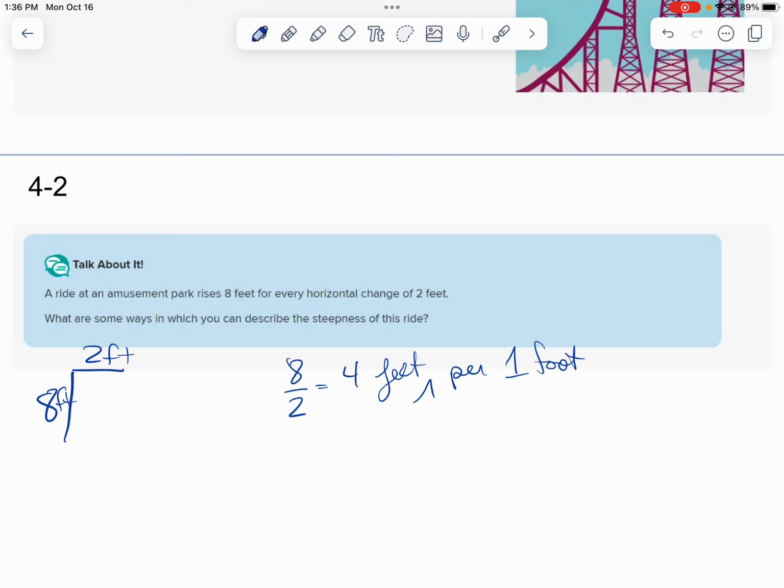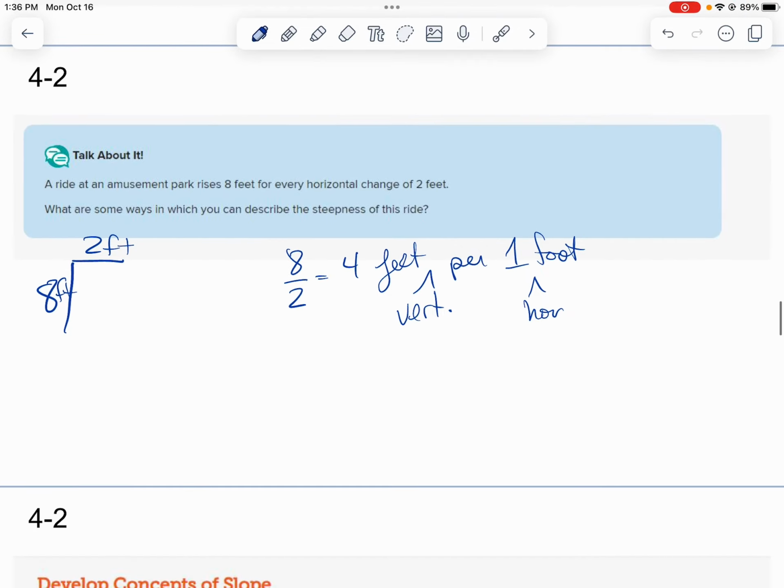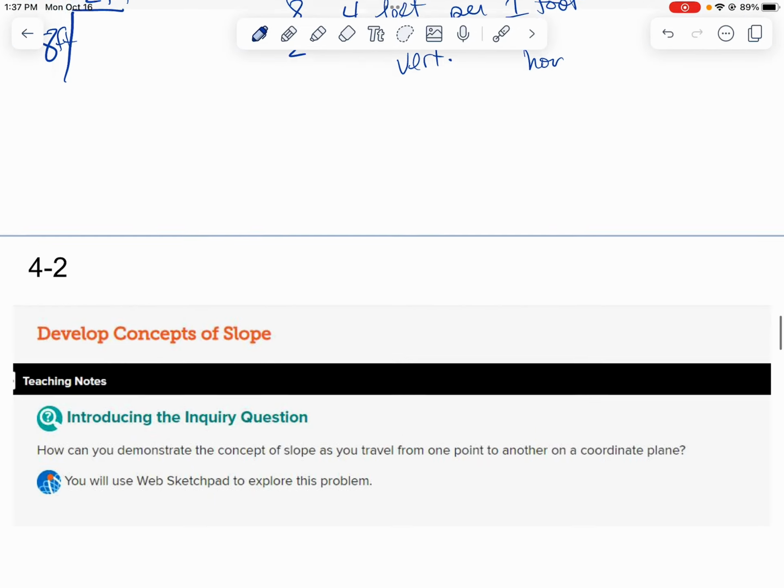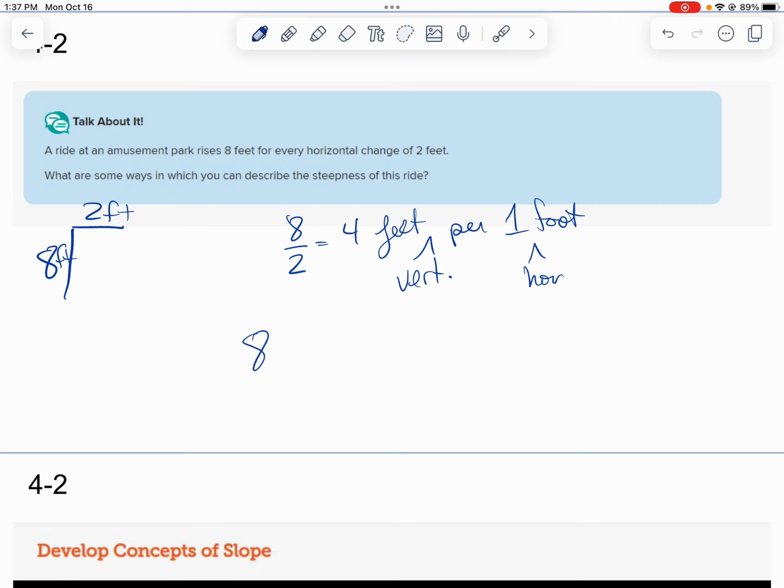And I should probably say vertically, and I should say horizontally. I guess you could say 8 feet up and 2 feet over.